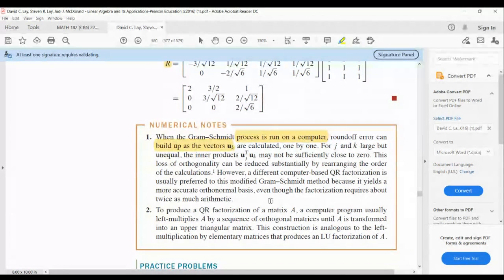You've already seen round-off error in the first MATLAB assignment, when you solved AX equals B with X equals A inverse times B, and in the check, AX minus B, you weren't getting exactly the 0 vector. There's round-off error when you compute an inverse, and you can imagine there's round-off error that will occur here as well.